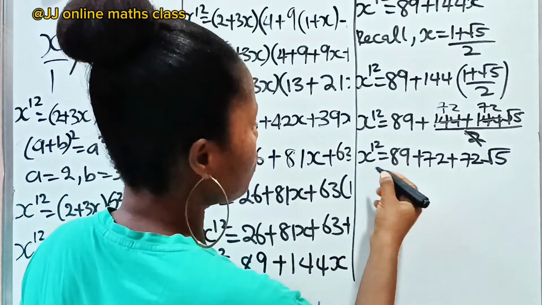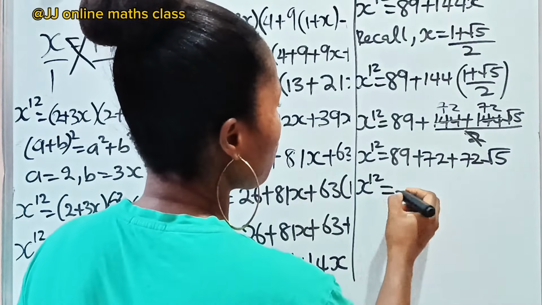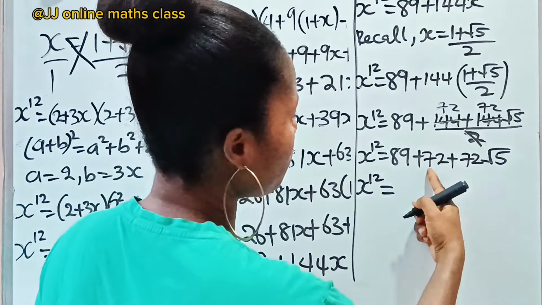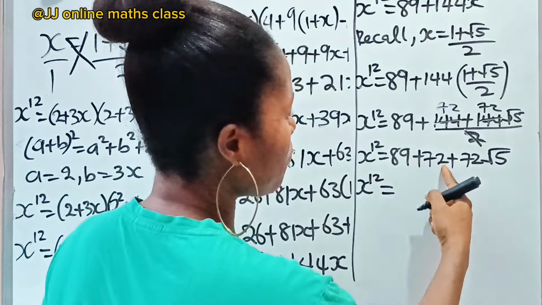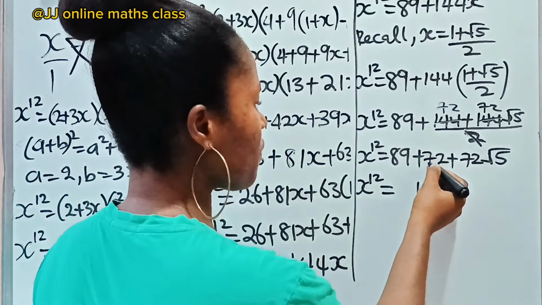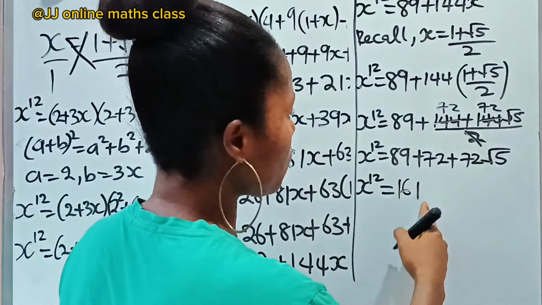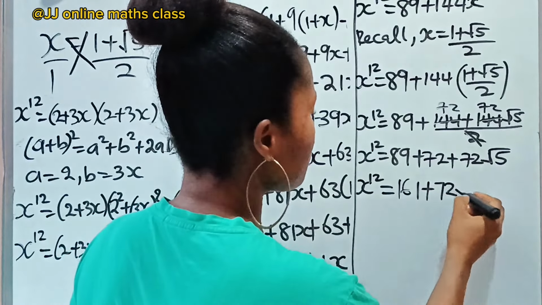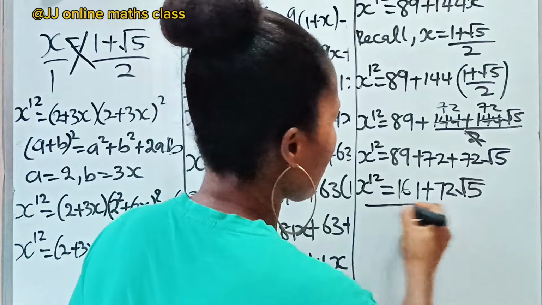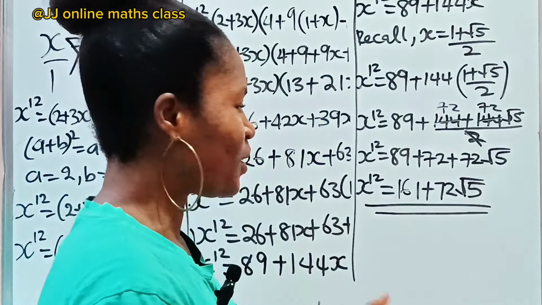All right, so we have that x to the power of 12 is equal to 89 plus 72. 9 plus 2 is 11. Write 1, carry 1. 1 plus 7 is 8. 8 plus 8 is 16. So we have 161 plus 72 root 5. And this becomes the final solution.